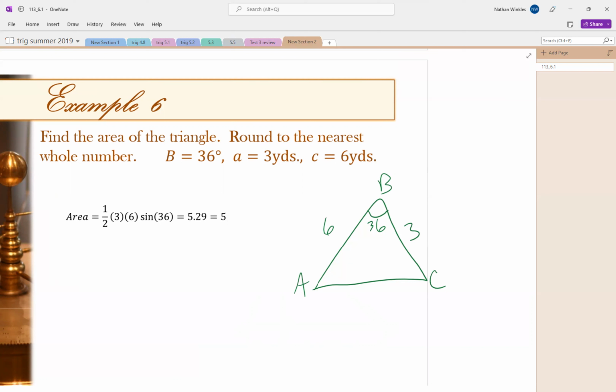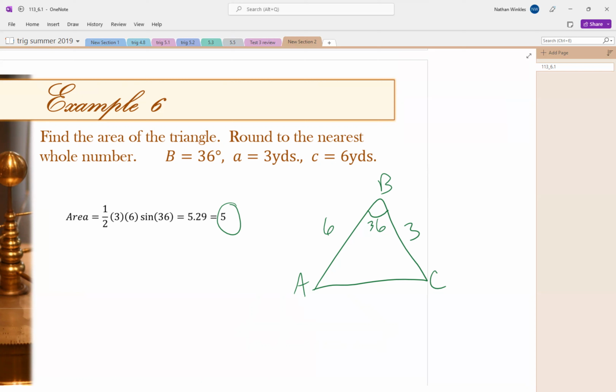By our definition, it's going to be 1/2 side A times side C times the sine of the angle 36 in between them. So 1/2 times 3 times 6 gives me 9 times sine 36, which is 5.29. It says round to the nearest whole number, so the area of this triangle is 5.